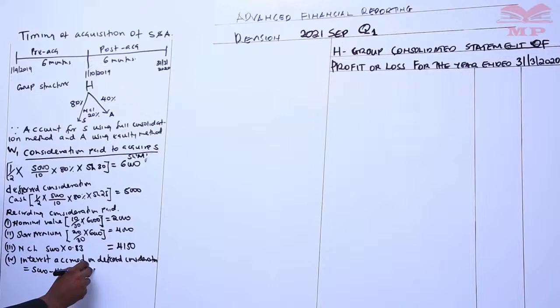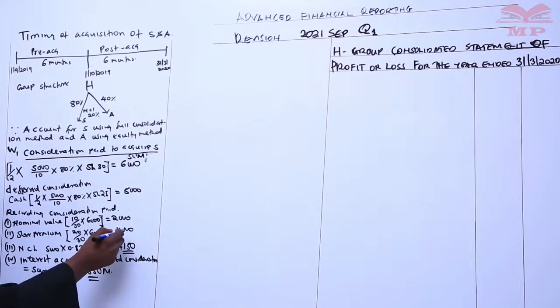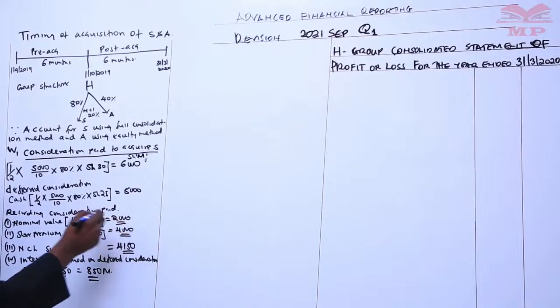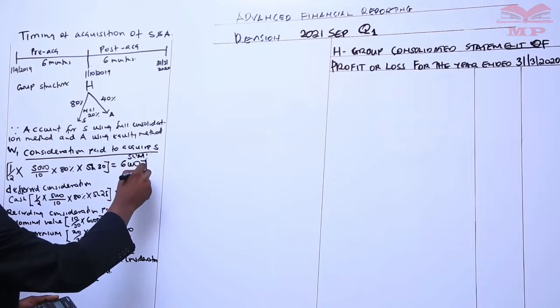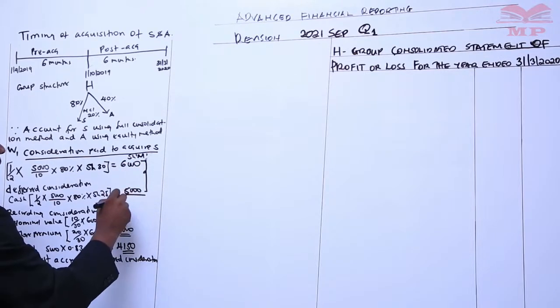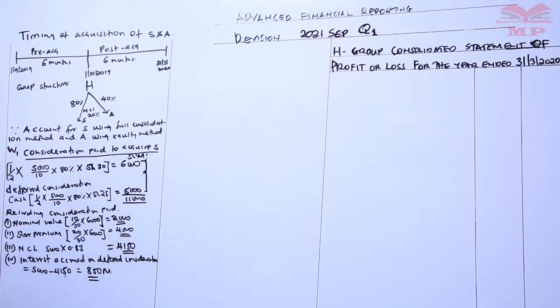That is 850. So again, the total consideration paid here is 11. We'll use that in determining goodwill.